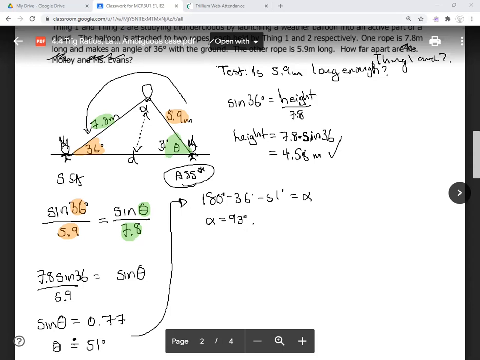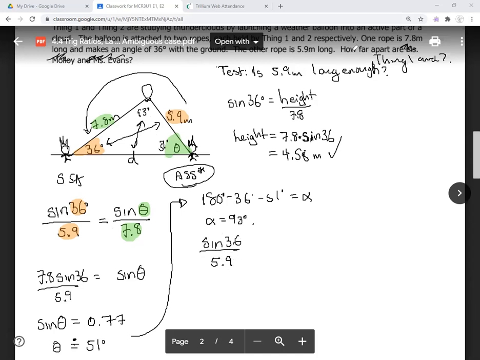So if this alpha is 93 degrees, I have the orange pair, and now I have a ratio with the side I'm looking for. Sine, so you see this? I'm repeating it once again. Sine of 36 divided by 5.9.